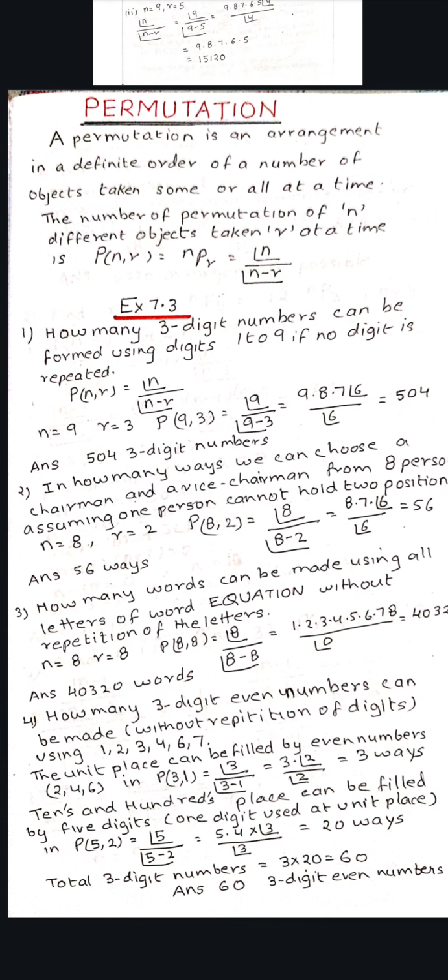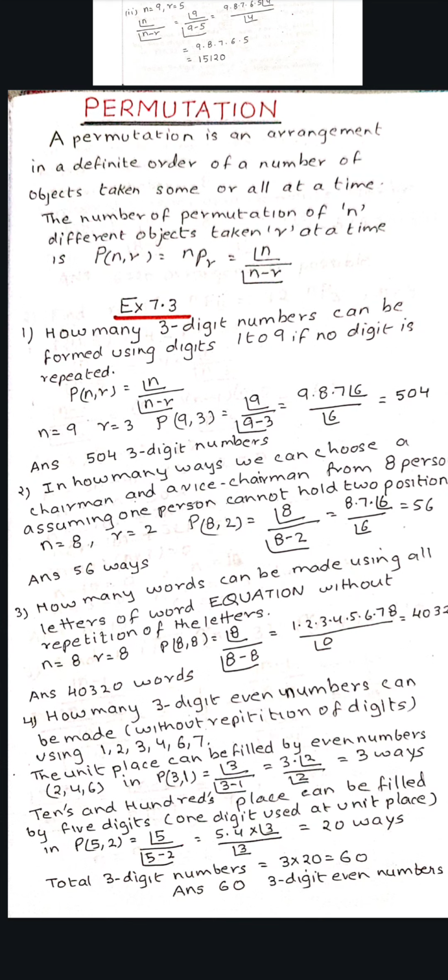Now 9 minus 3 factorial becomes 6 factorial. Let us write in descending order factorial 9 as 9 into 8 into 7 into 6 factorial upon 6 factorial. 6 factorial gets cancelled. We get 9 into 8 into 7, 504 3-digit numbers are possible.